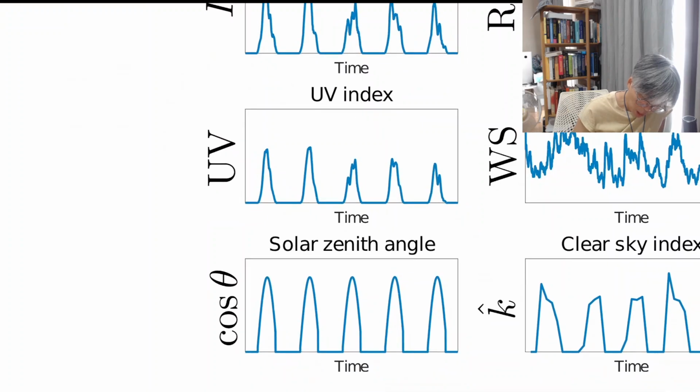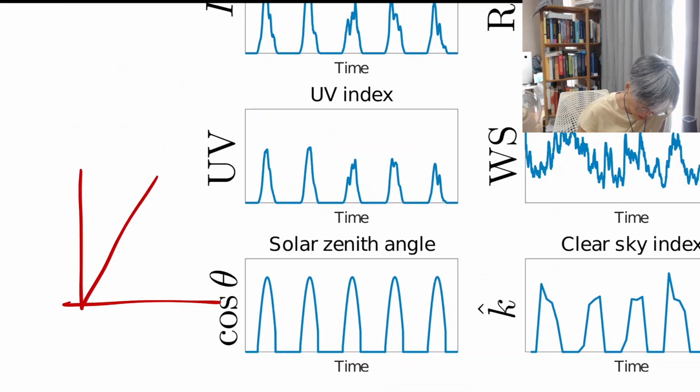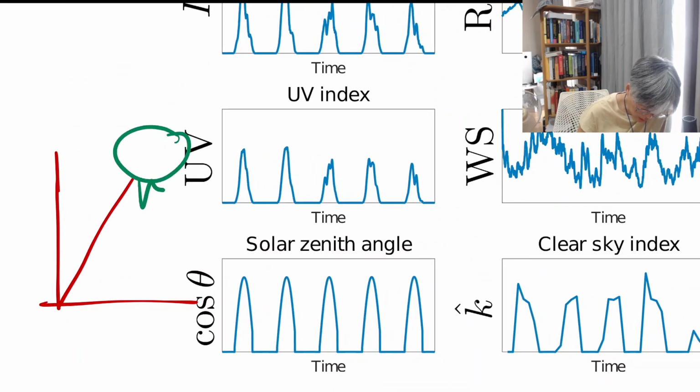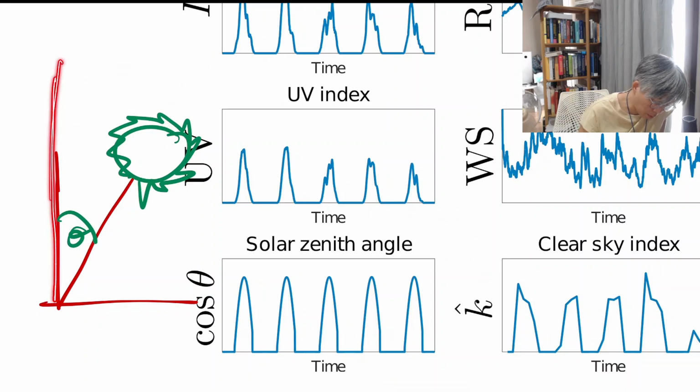You see, solar zenith angle is a variable that, suppose this is the sun. Then we have the vertical, the upright position here, and we can measure the angle here.